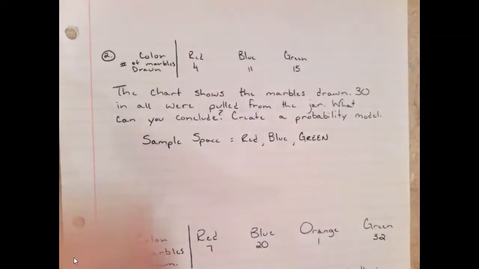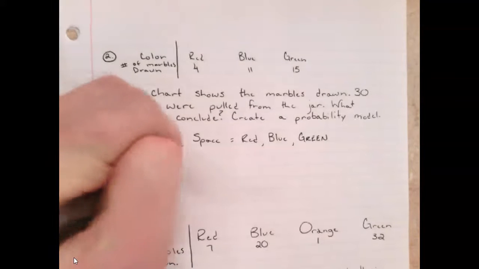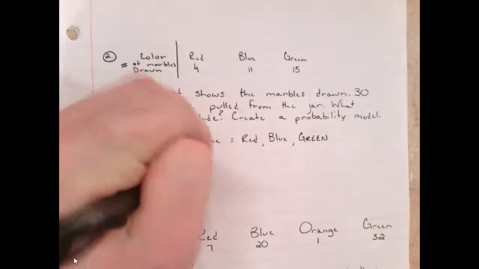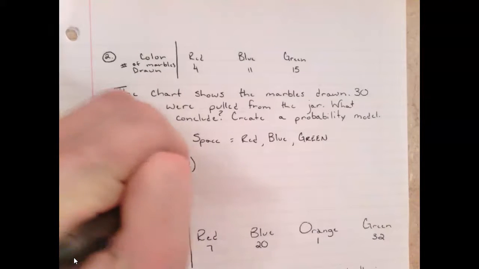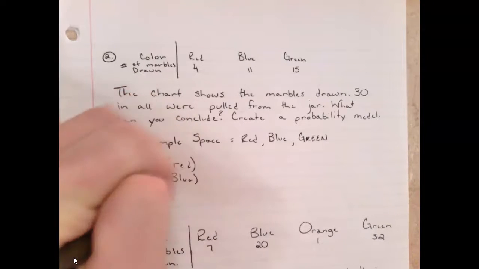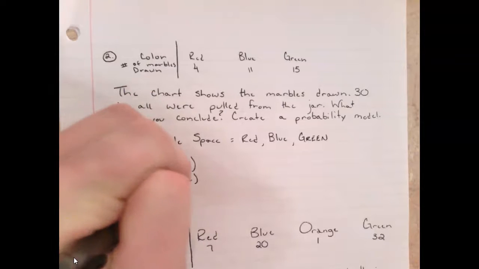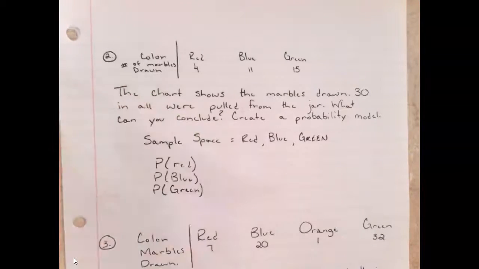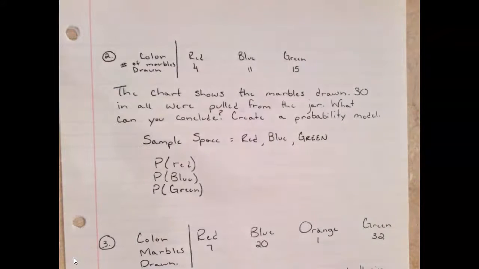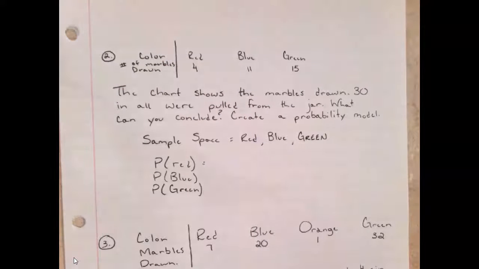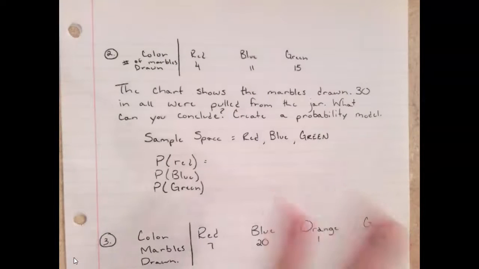Then when we start to make our probability model, I have the probability of finding a red, the probability of a blue, and the probability of a green. Now let's go through and find their probabilities. For red, how many red marbles did we have?